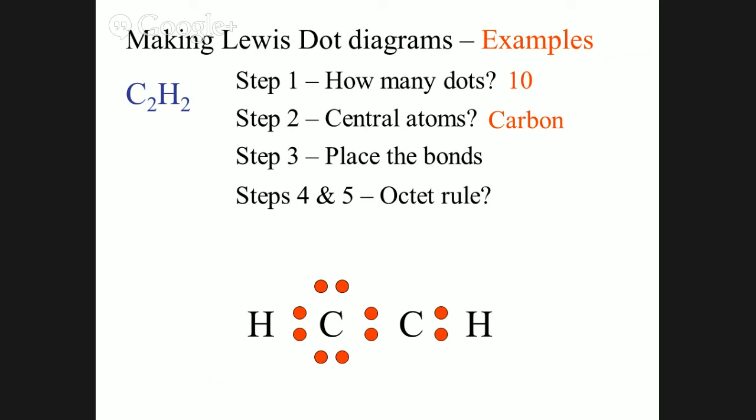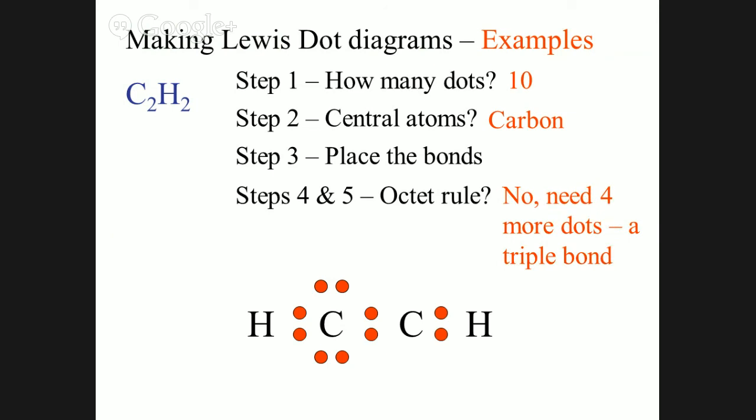Okay, one of the carbons has its 8. How many is the other carbon missing? It's missing 4. Everybody but hydrogen has to have 8 dots when you're done. It's missing 4, so I am going to need a triple bond in this case.